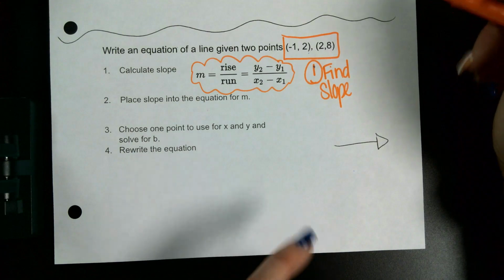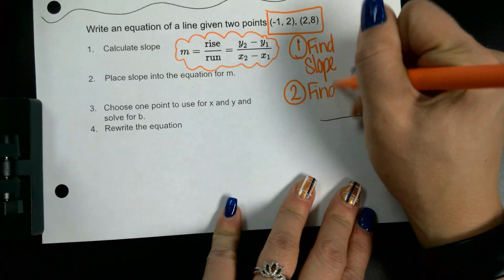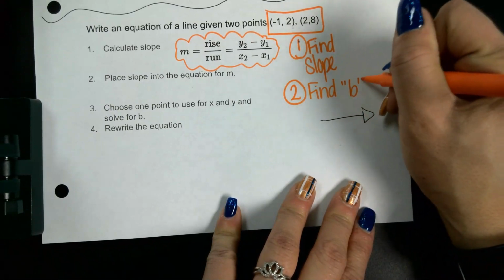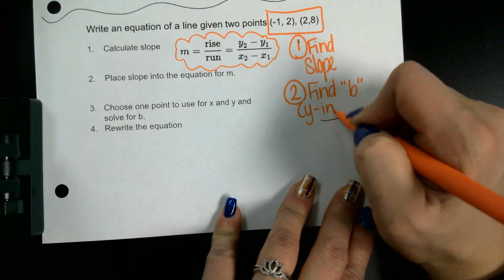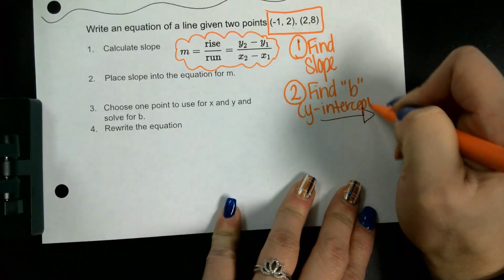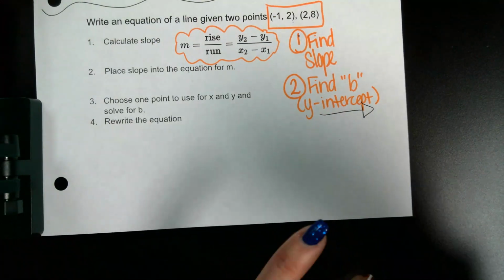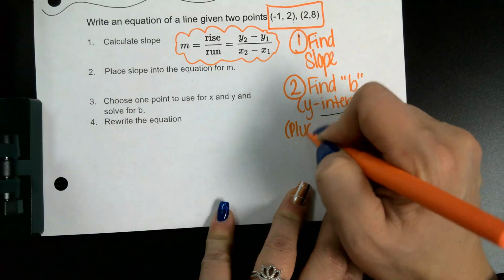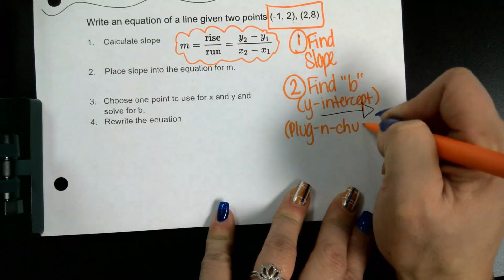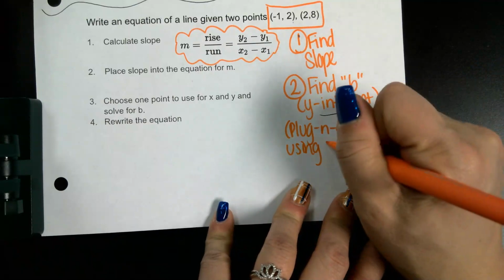Okay, then step 2, we have to find, I'm going to put the letter B there, but remember B stands for the y-intercept. And the way we find B is we do a plug and chug using y equals mx plus b.